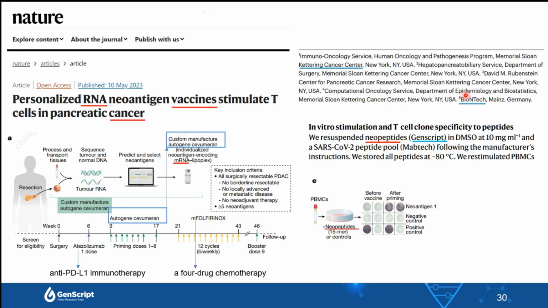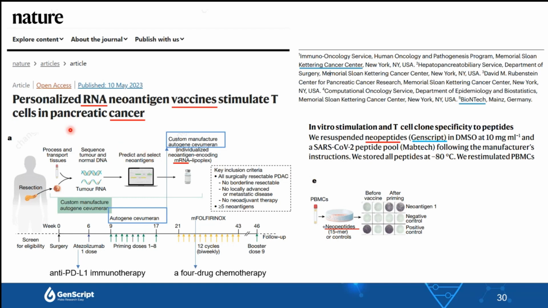I think right now it's in clinical phase 2. And this vaccine uses GenScript neoantigens for in vitro stimulation and T cell clone specificity to peptides. Let's take a quick look at what it is about.